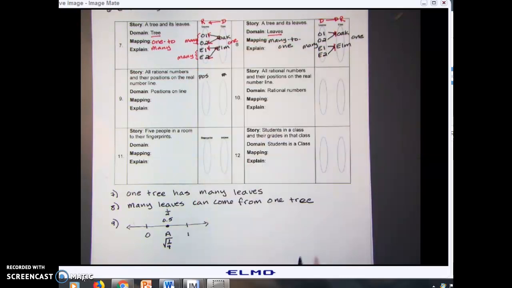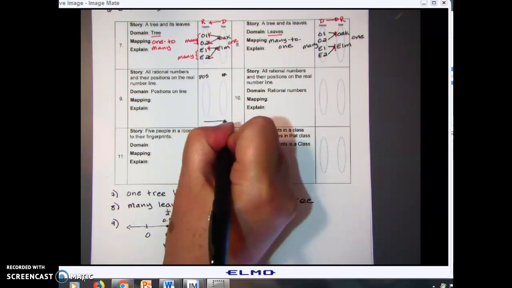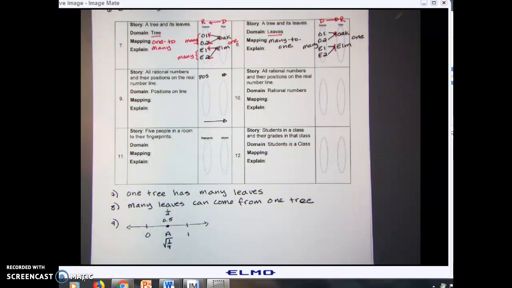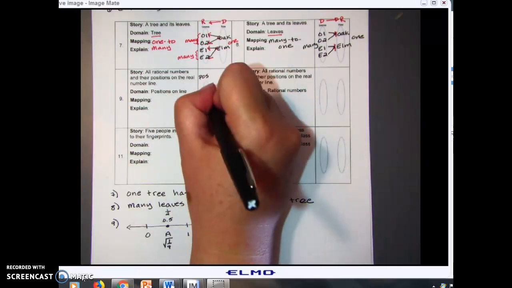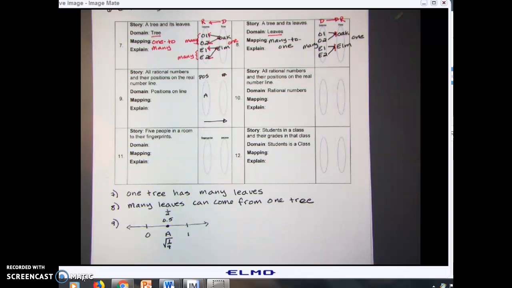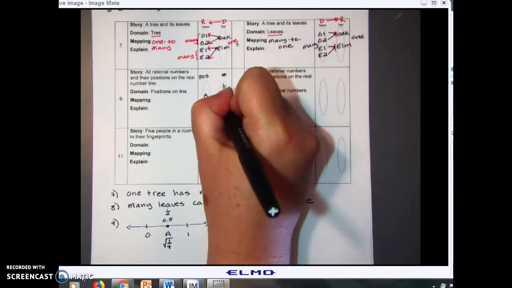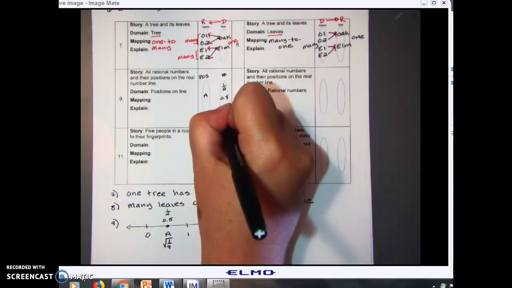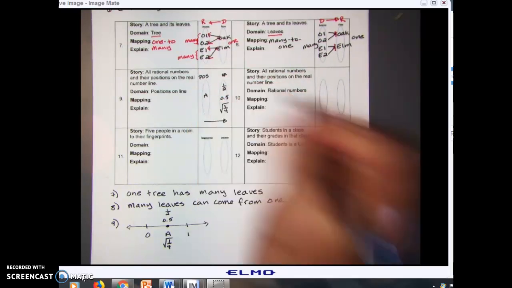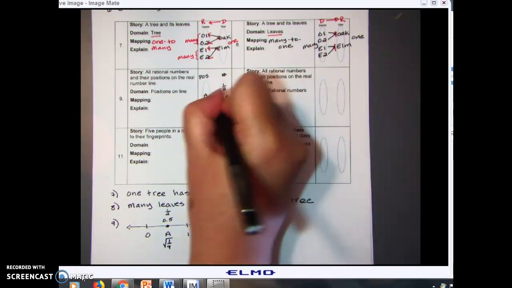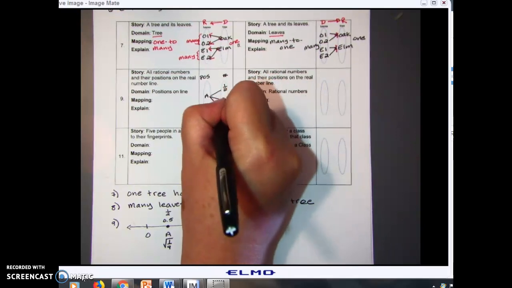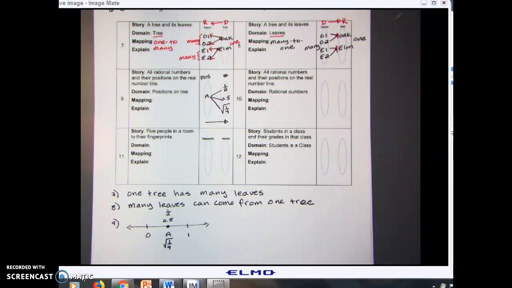So the position being the domain. So I'm going from domain to range in this picture. So the position on that number line that I drew is A, and the numbers are 1/2, 0.5, and the square root of 1/4. So do we see that A represents each one of these numbers on the number line?